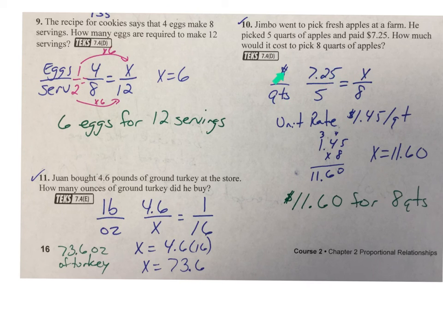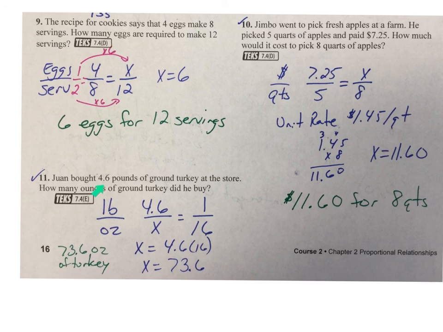So that is up here with the dollar sign for 8 quarts. I went ahead and found the unit rate. So I divided these two and said, oh, it's $1.45 a quart. And then multiplied it by 8 quarts, and that came out to $11.60. At this point, you could have cross-multiplied if you prefer that.